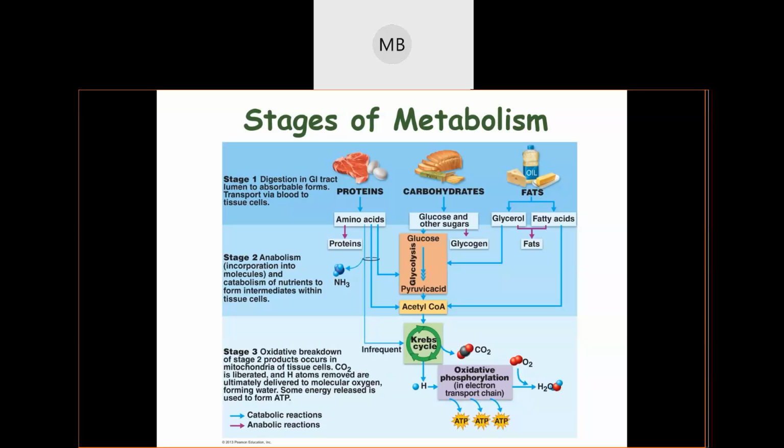Major nutrients that we need are carbohydrates, lipids, and proteins. Carbohydrates is the all-encompassing term for a group of chemicals that we tend to call sugars. This is glucose and other sugars like fructose, and starches. That's what a carb is.